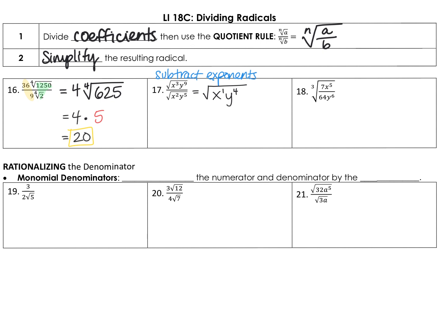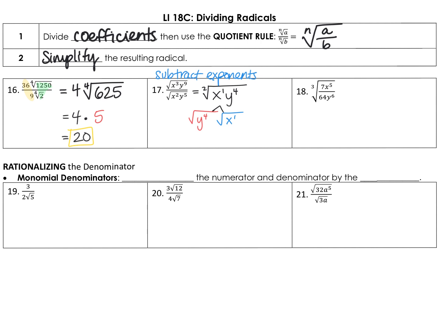So we're going to try and think about, again, what's perfect, what's left over. You have an index of 2. Can 1 divide by 2? No. It's a leftover. Can the exponent of 4 divide by 2? Yeah, that's perfect.